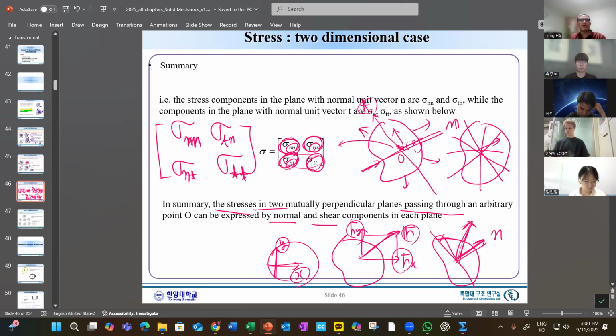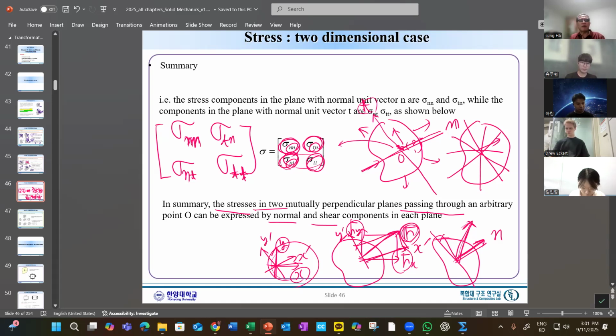In other words, let's say this is very important. For F, can we define another coordinate like this? I will just say x prime and y prime. Of course we can. If we define x prime like that and y prime like that, then this F can be represented this way.